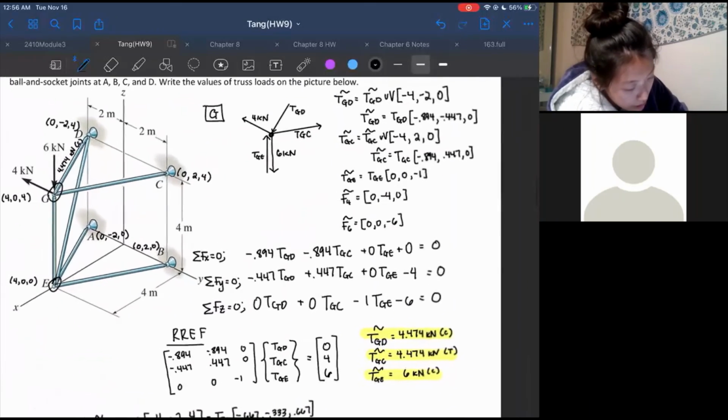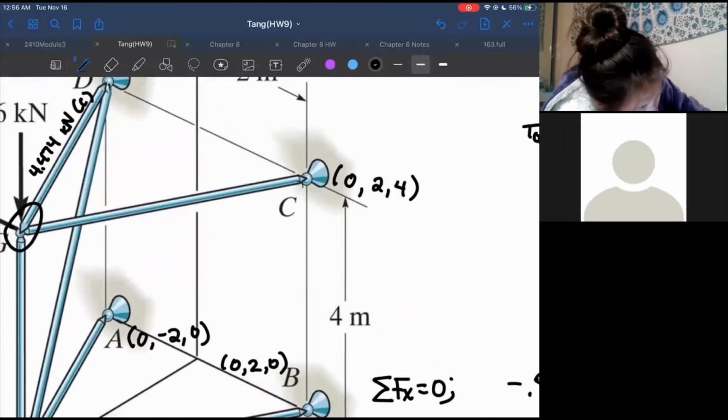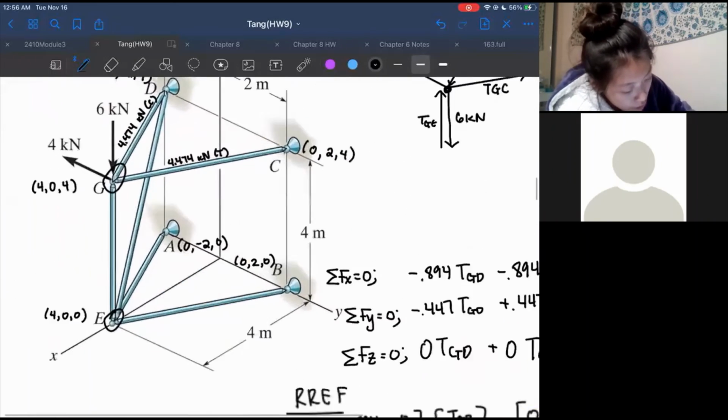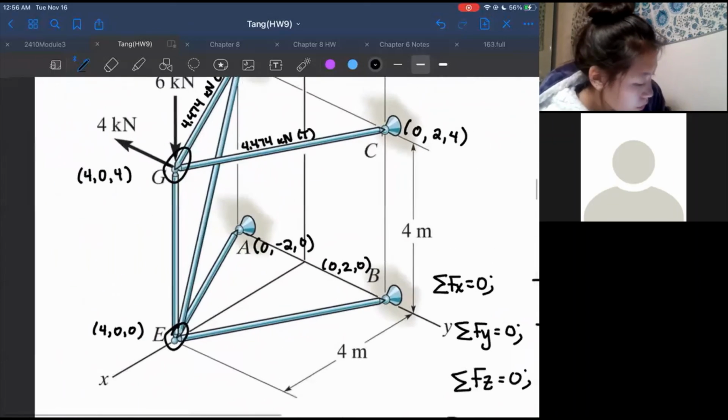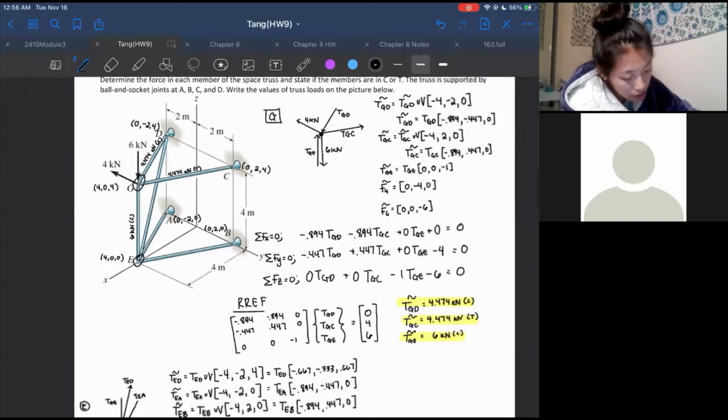Then TGC, which was 4.474, but in tension. And then we're going to do TGE, which was 6 kilonewtons, and compression as well.